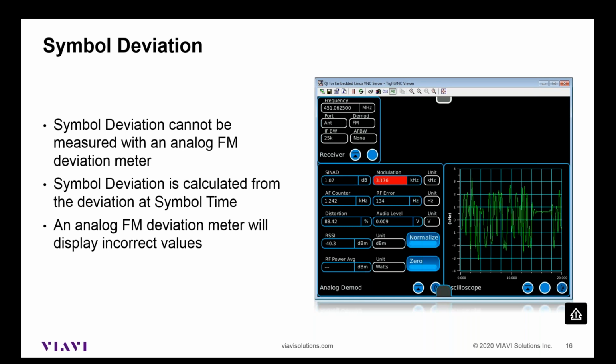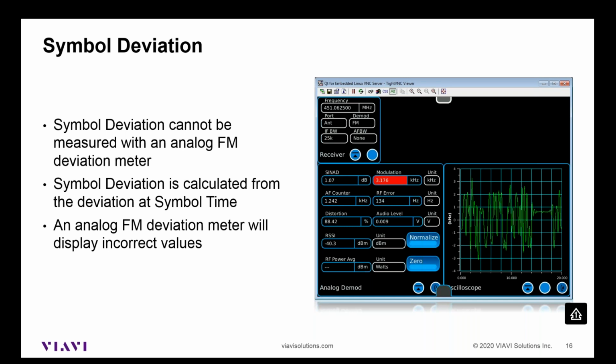So when it samples it, it expects it to be at one of 4 different places. If it's not at one of those 4 different places, it doesn't know what to do with it. Is that a 1 or is it a 0? It's not sure. So the importance of that is that if you are not using a digital service monitor that is capable of measuring your digital radios, there is no way to be sure that your symbol deviation is correct.